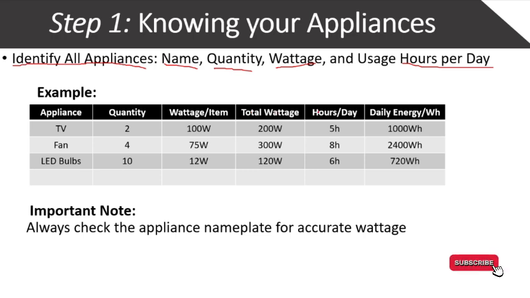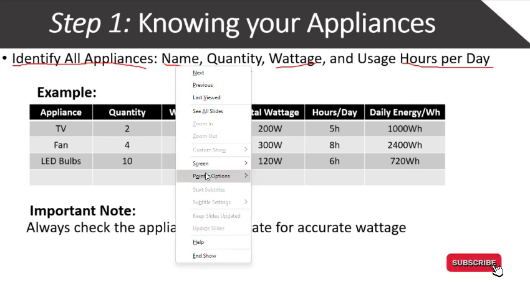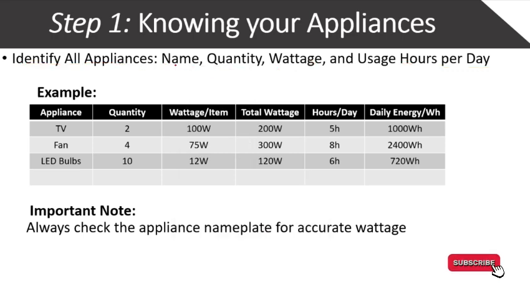The next column is how many hours they are used in a day, and the last column is their daily energy consumption, which is in watt hours. Each appliance's name, quantity, wattage, and hours of usage is tied to its own column.